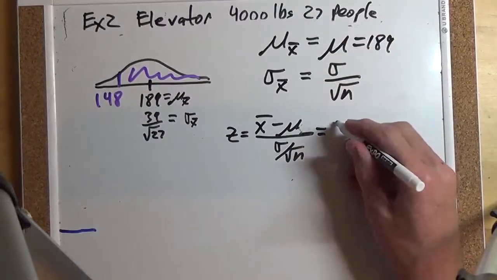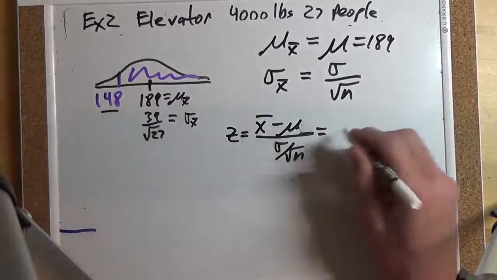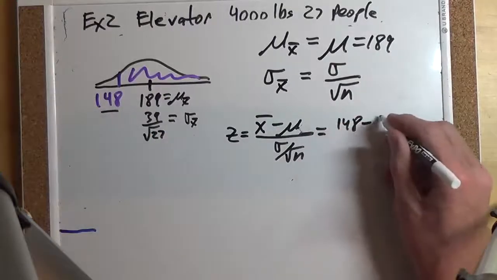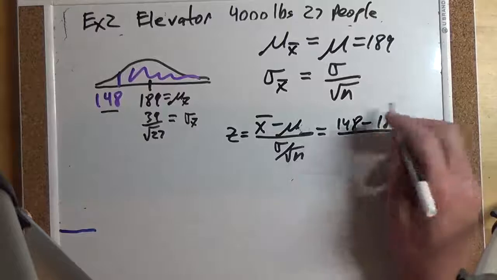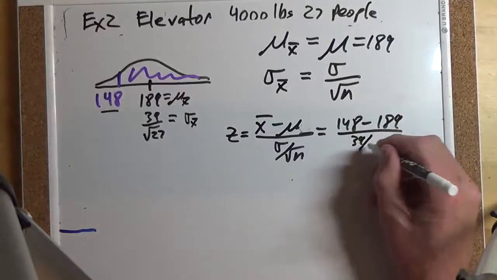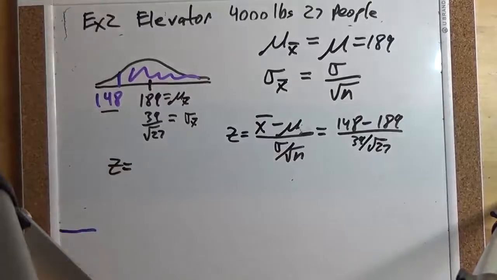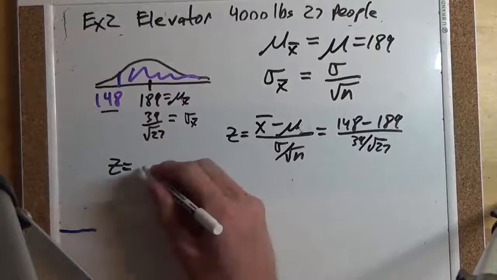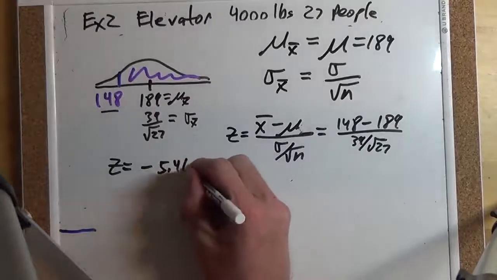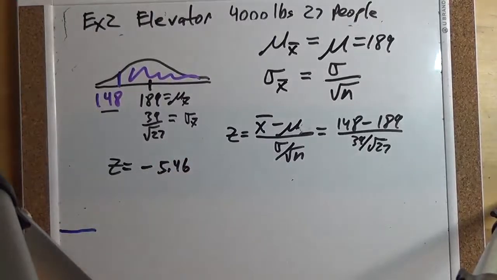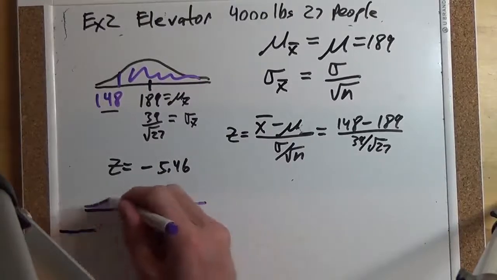So now I'm talking about mean weight of 148. Subtract 189, sigma 39 over square root of 27. So, in this case, z is negative 5.46. That's a huge z-score. That's over 5 standard deviations away.